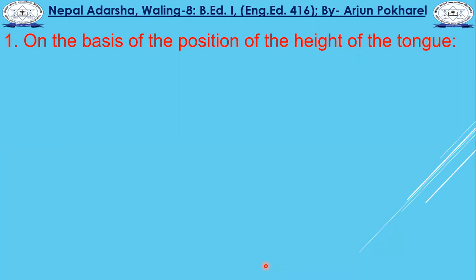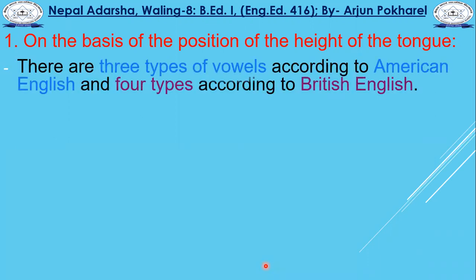On the basis of the height of the tongue, there are three types of vowels according to American phoneticians, and four types of vowels or monophthongs according to British phoneticians.